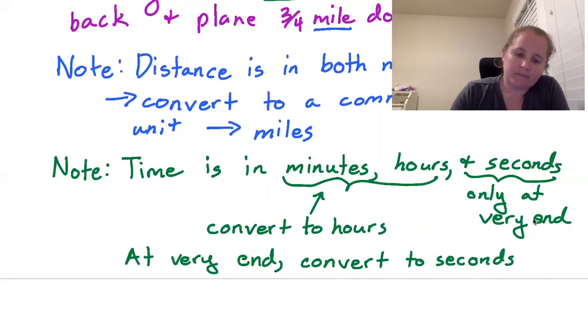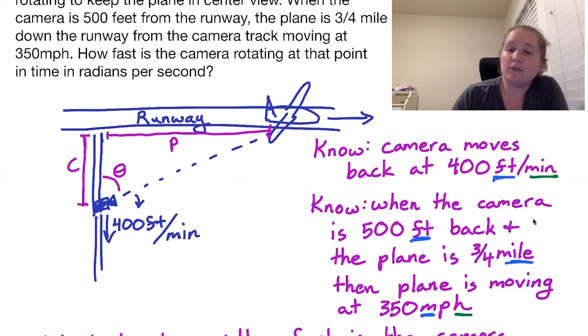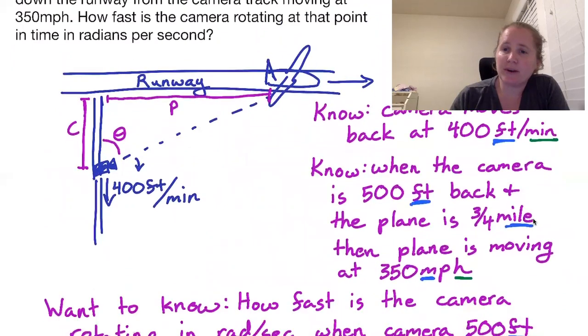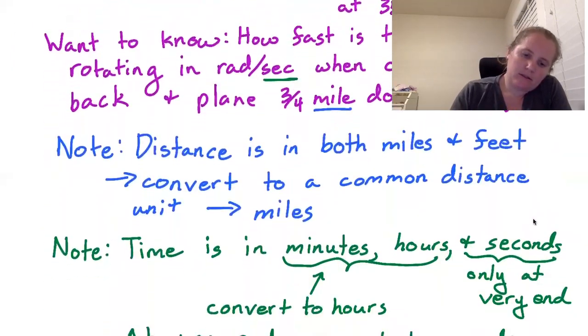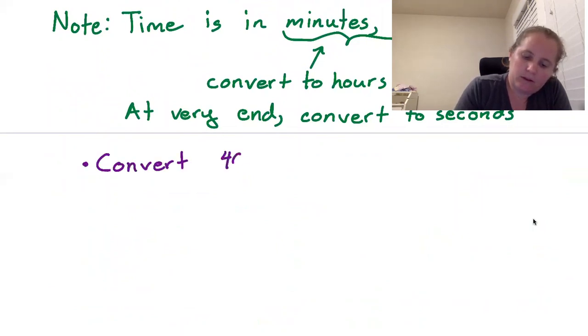So our little pieces of things to convert, we have 400 feet per minute. We need to convert that into miles per hour. So I'm first going to convert 400 feet per minute to miles per hour.